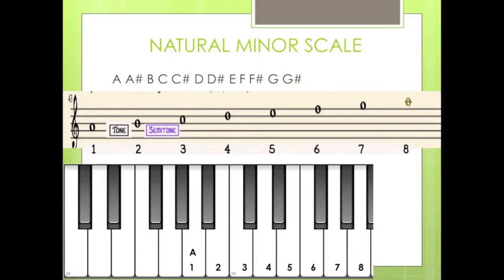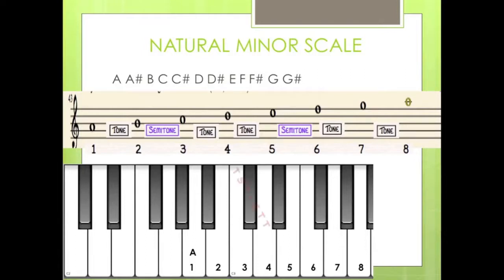From C up to D, that is, C sharp, D, a tone. From D up to E, that's another tone. From E to F, that's a semitone. And then from F to G, we've got a tone. And then from G to A, we've got another tone.